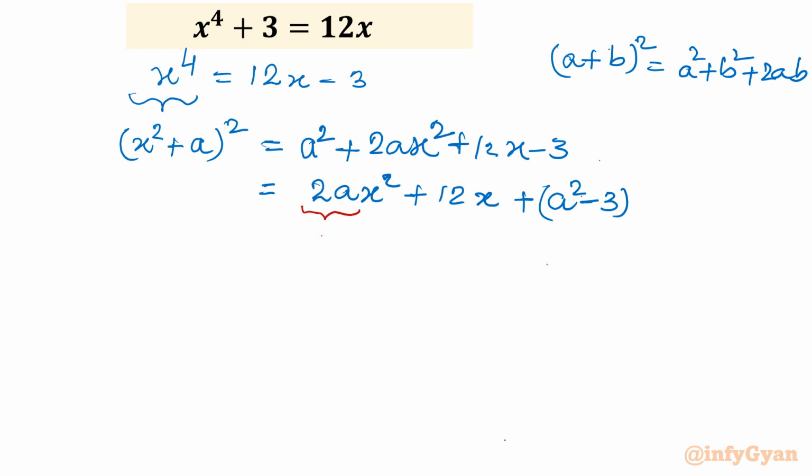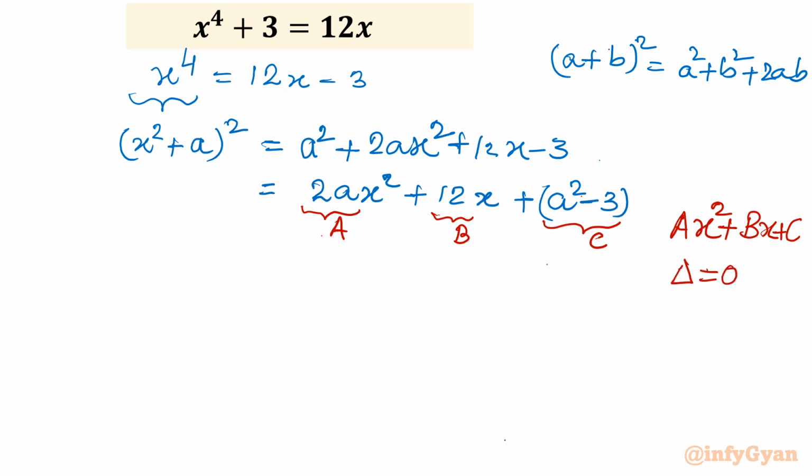We will consider it like capital A, capital B, capital C, that is Ax square plus Bx plus C equal to 0, and I will put the discriminant equal to 0.